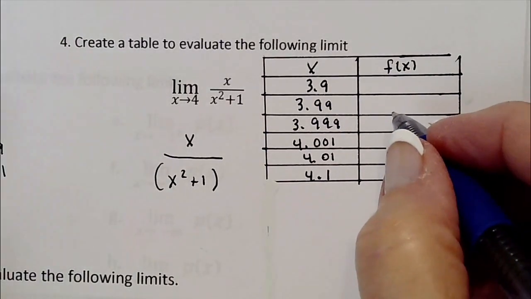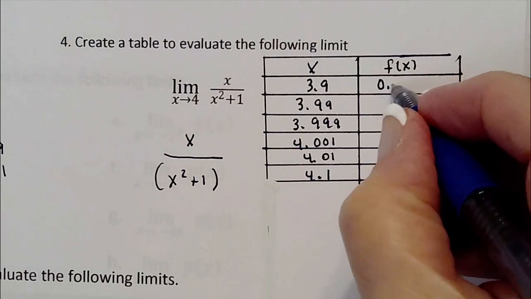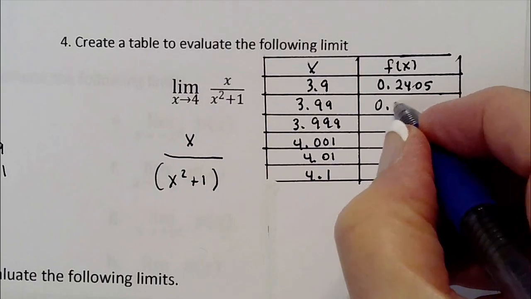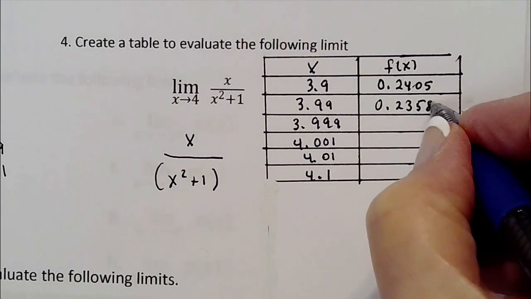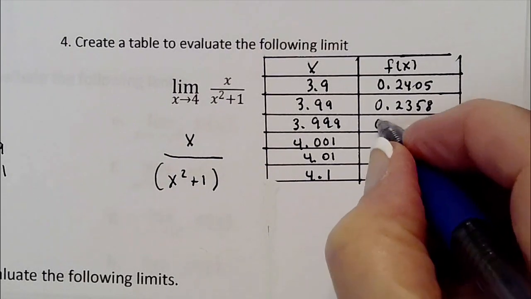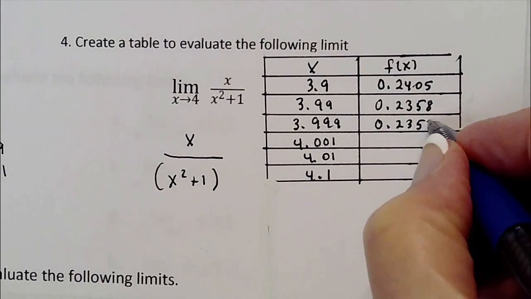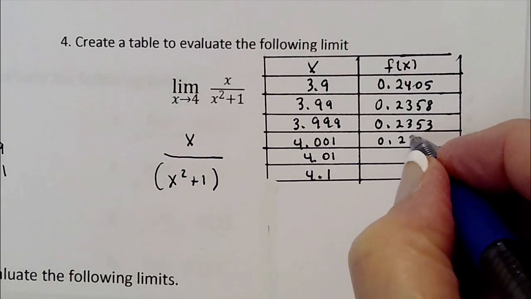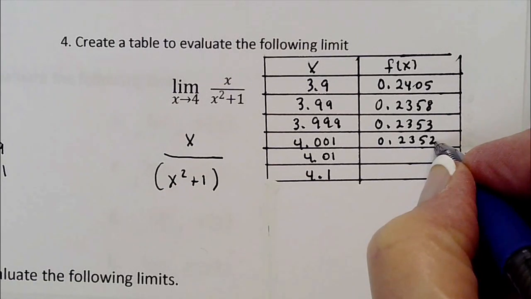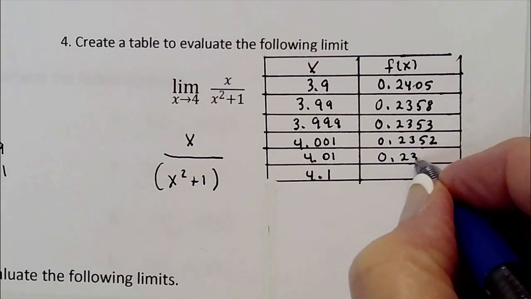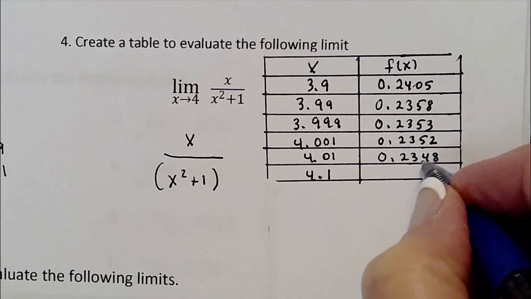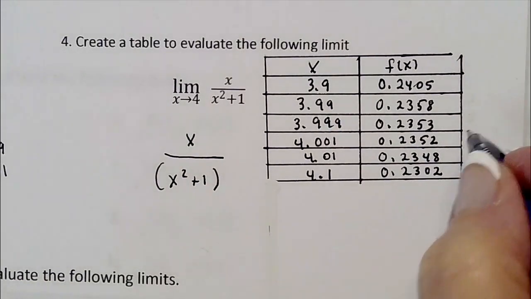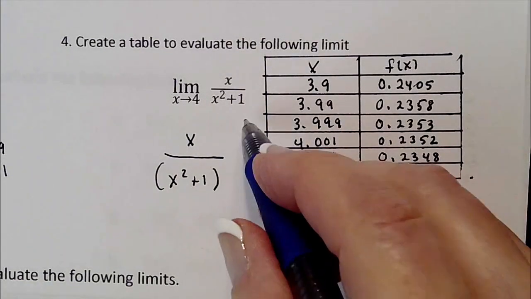So we plug it into our calculator and we get numbers such as 0.2405, 0.2358, and you can go out further if you want to, 0.2353, 0.2352, 0.2348, and the last one, 0.2302. So again, you get all those numbers by plugging it into the fraction.